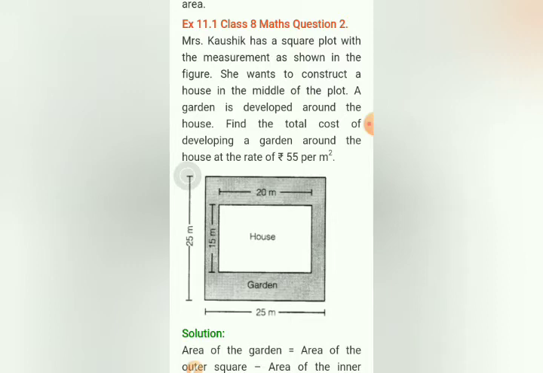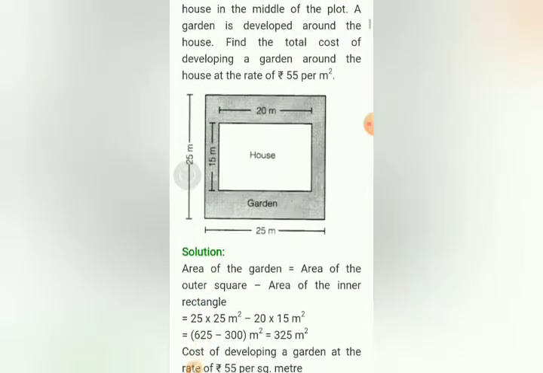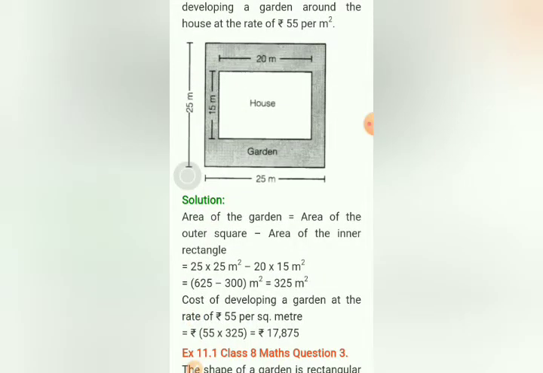So what we will have to do, we will have to deduct the area from the square, we have to deduct the area of the rectangle, then we'll get the area of the garden. Area of square we know it is length into breadth, that is 25 into 25, and we have to minus the rectangle area, that is 20 meter into 15 meters.